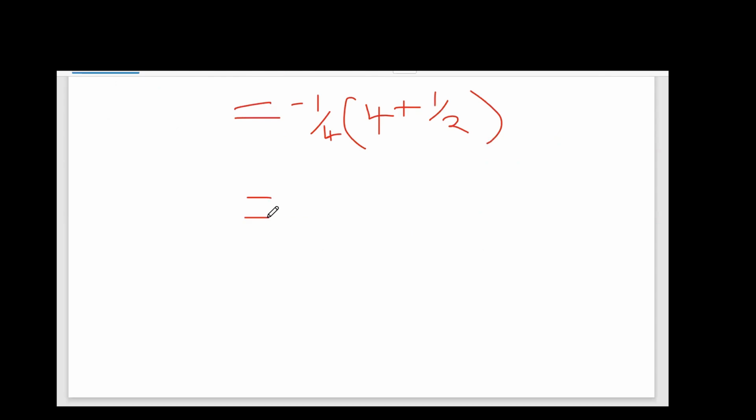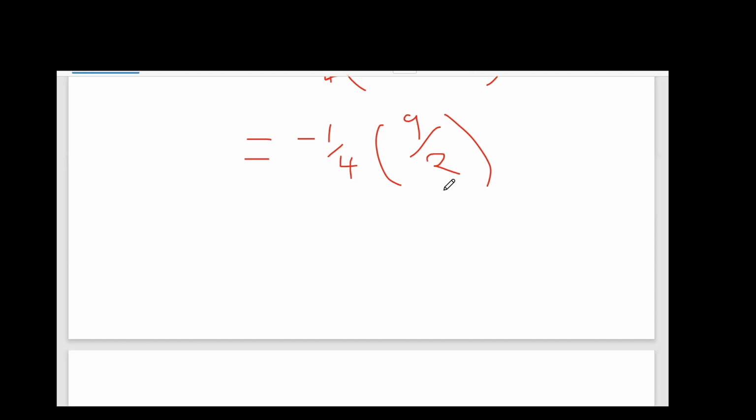What is 4 plus half? It's just 9/2, I mean 1/2, not 1/8. So 9/2 in the brackets.